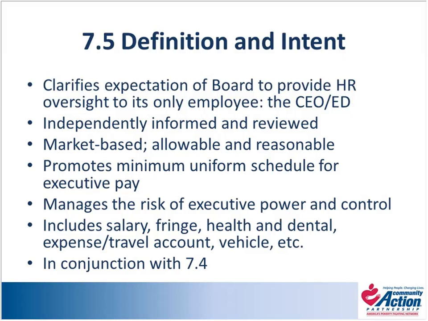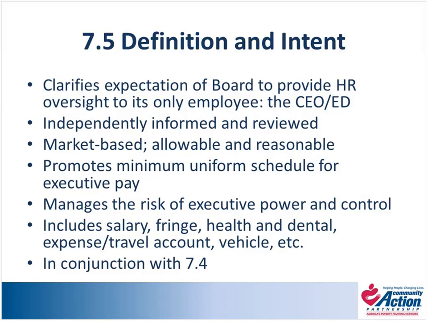And this is in conjunction with 7.4 a lot of times, with the CEO appraisal and review process. As a point of reference, the 990 asks, did the process for determining compensation of the following persons include a review and approval by independent persons, comparability data, and substantiation of the deliberation and decision.